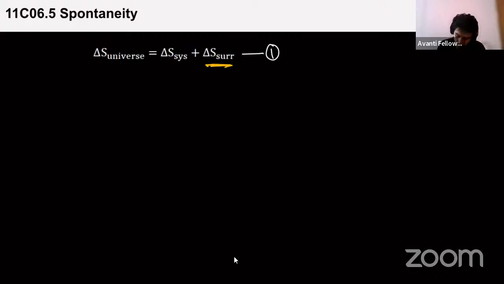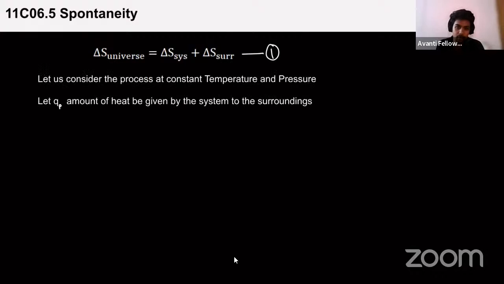To do that, first we'll consider the reaction at constant temperature and constant pressure. These are the two conditions we'll consider first, and let's say QP amount of heat is given by the system to the surroundings. These are the two assumptions we are taking here.